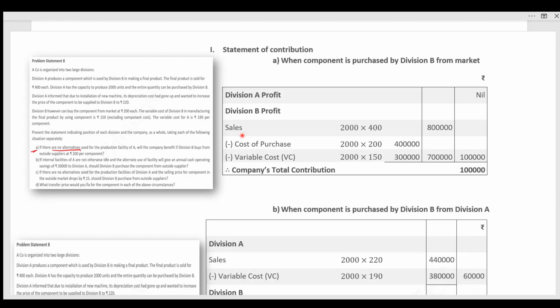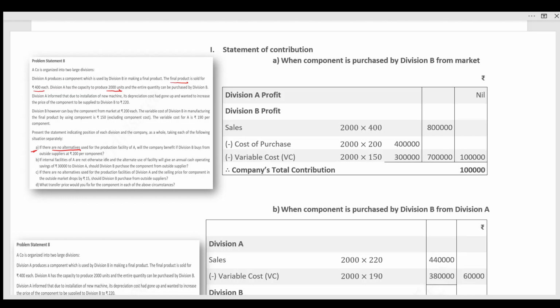The final product is sold for rupees 400 each, and it is selling 2000 units. So sales is 2000 into 400, which gives us 8 lakh.